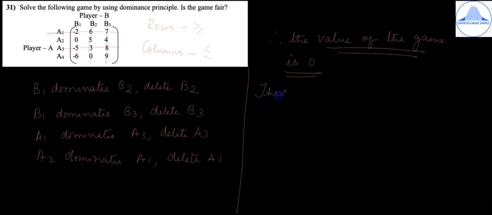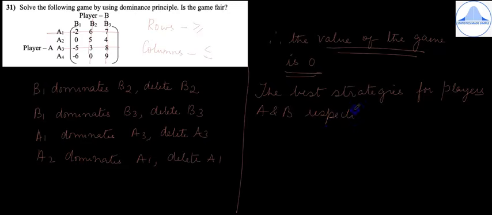Then you also write the best strategies for players A and B respectively are. So it is A2, B1.